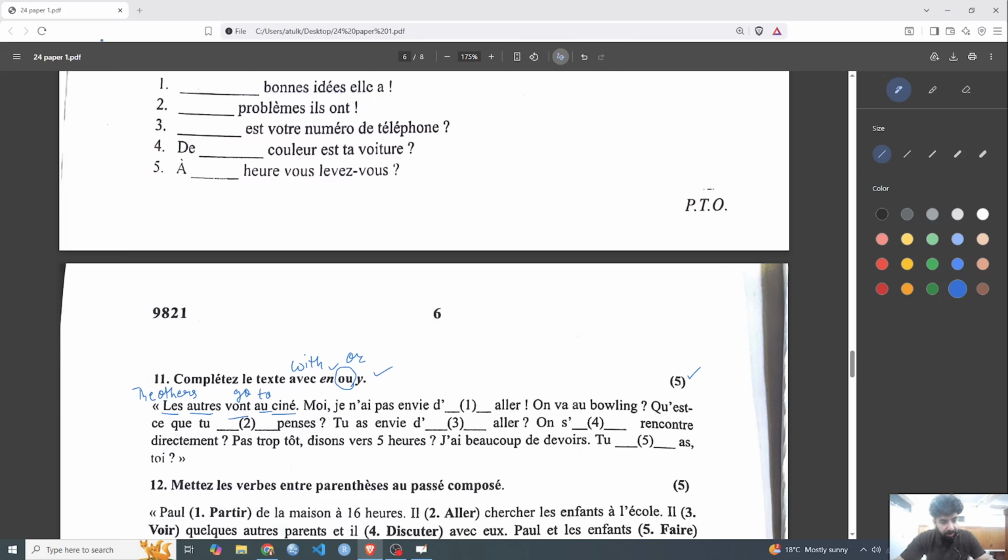Then it says moi, so it stands for me. Je n'aime pas y aller. So basically, this is for to go, and this is for like.